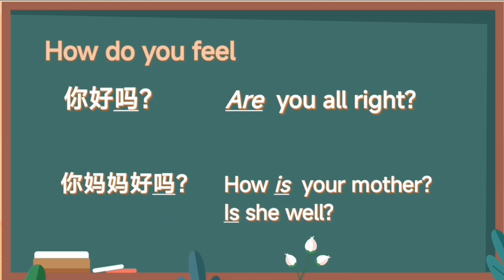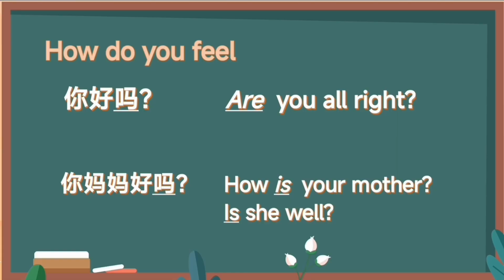Is she well? In English, we form the general question by swapping the subject and the link verb, while in Chinese, we simply put the question word 吗 at the end. But don't forget to leave a question mark at the end of both sentences.